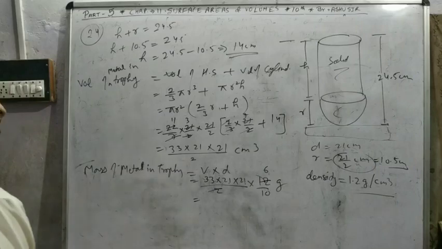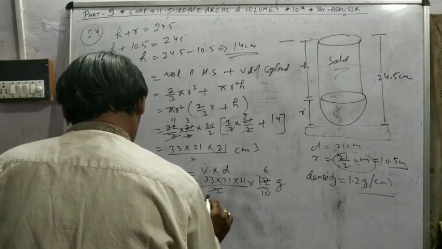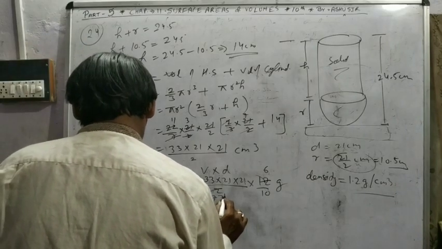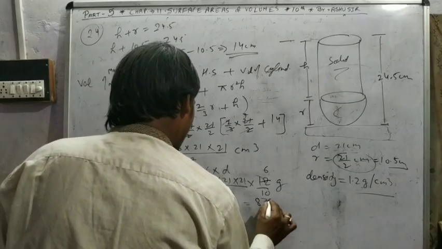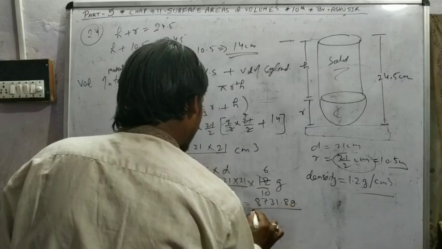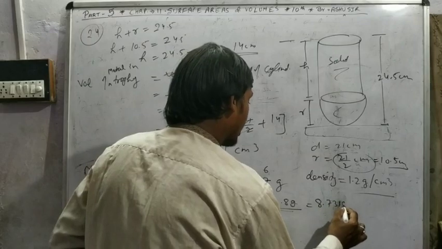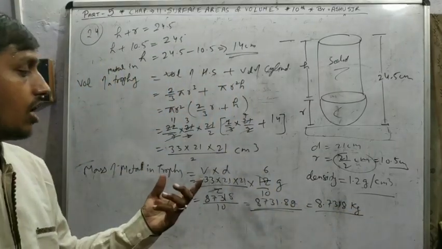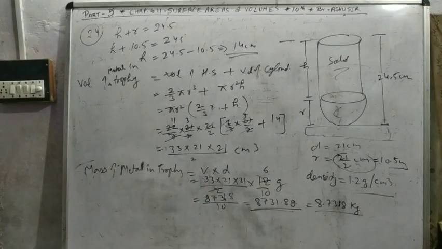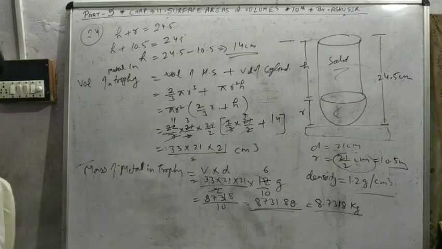So 441 multiplied by 6 and 33 gives 87318 by 10, which is 8731.8 gram, or you can say 8.7318 kg, the mass of the metal used in the trophy. Okay, pause the video.